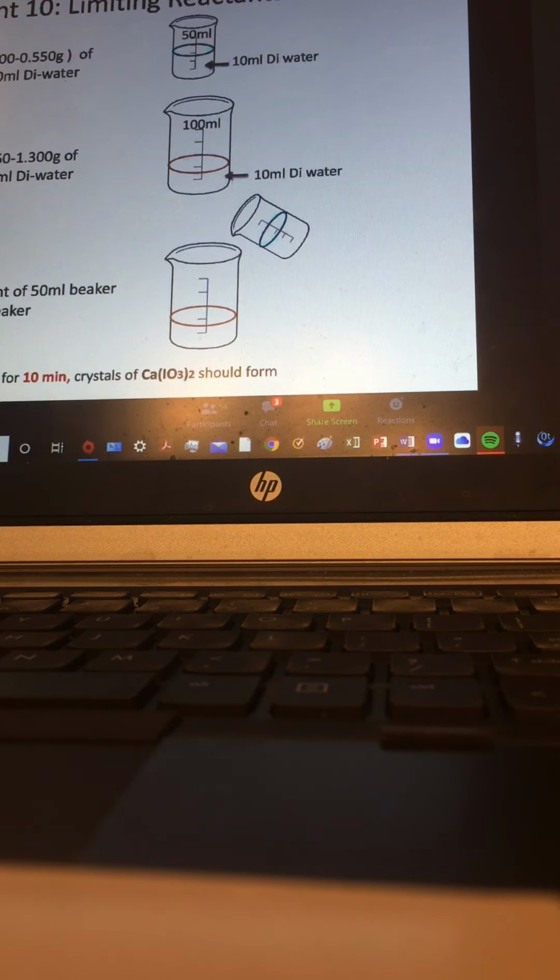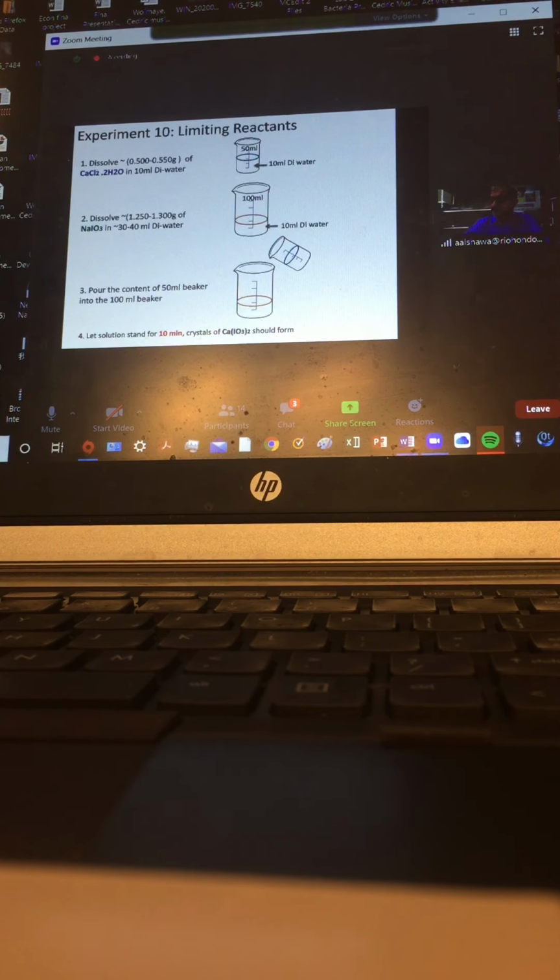Okay, so the molar mass I calculated for the calcium chloride dihydrate is 147.012 grams per mole.